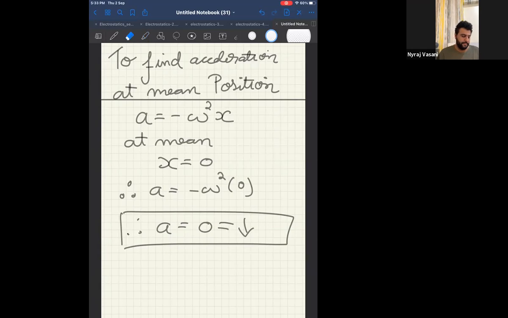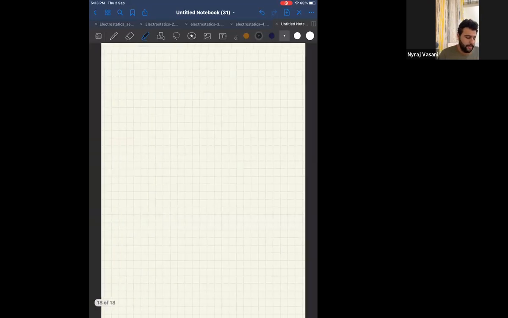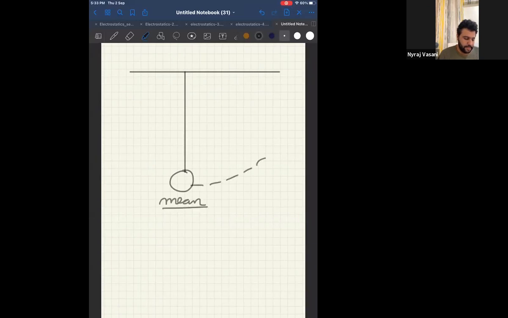Okay, now listen. Acceleration is equal to 0. Therefore, now if I do the diagram of my simple pendulum, this is my mean position and this is my extreme position. Correct?